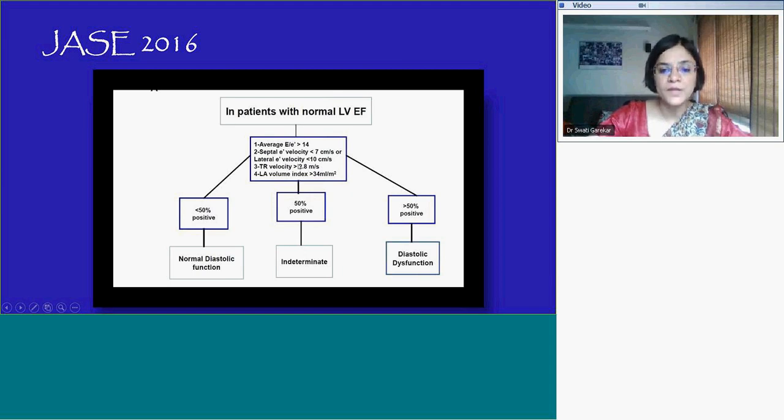I'm not going to mention the numbers right now because you won't remember them, I don't remember them. It's easier to stick them up in the echo lab and refer to them when your next adult patient walks in, or refer to your pediatric charts when you have peds patients. So of these four parameters, E by E prime, E prime alone, TR velocity, and the LA volume, if more than 50% are positive, you have diastolic dysfunction.